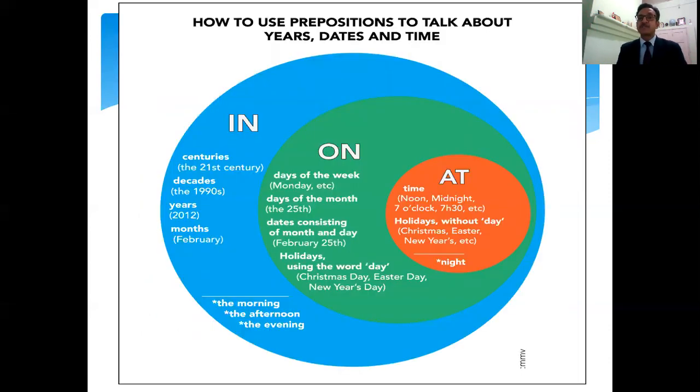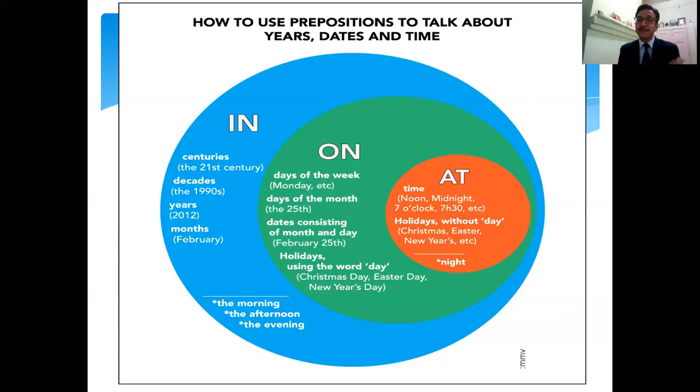How to use prepositions to talk about years, dates, and time: on, in, and at. You can see the difference now. In is used for centuries, 21st century, decades, years, months, in the morning, in the afternoon, in the evening. On is used for days of the week, days of the month, dates consisting of month and day, February 25th, holidays using the word day, Christmas Day, New Year's Day, Diwali, Dussehra.